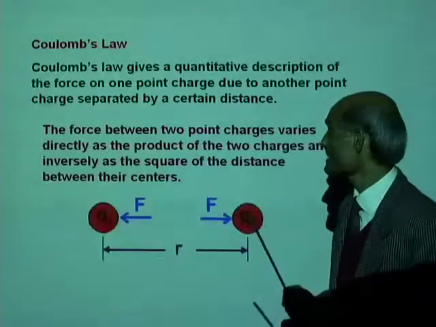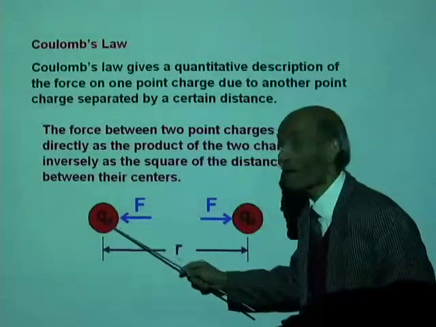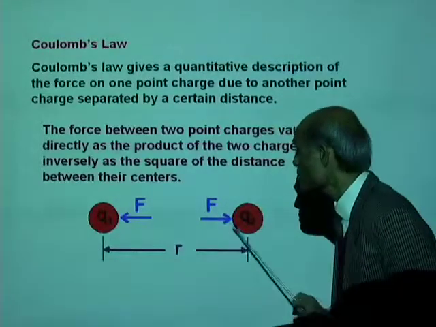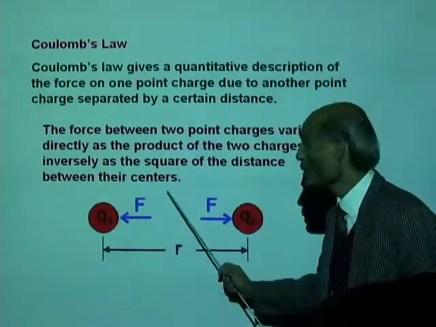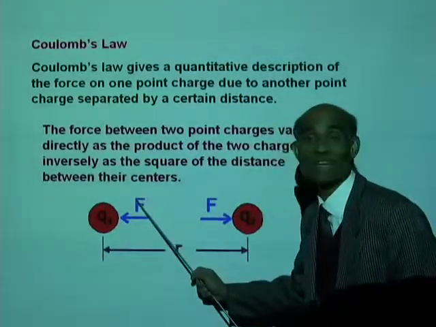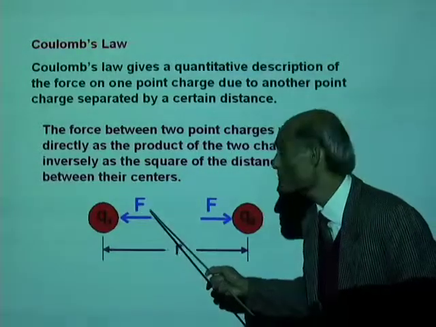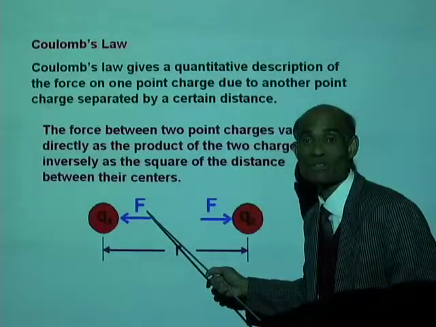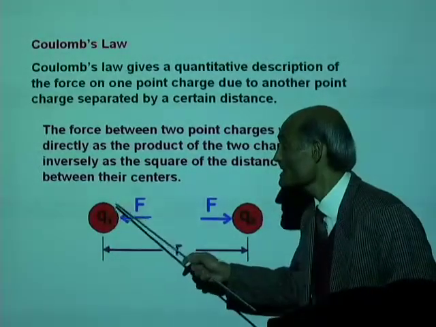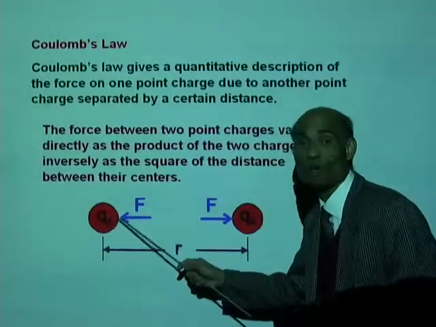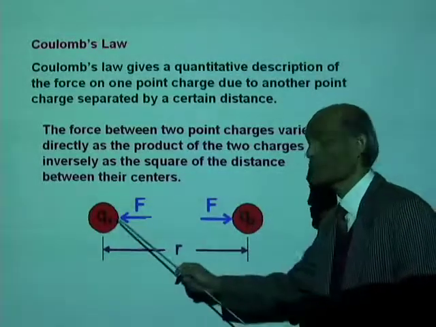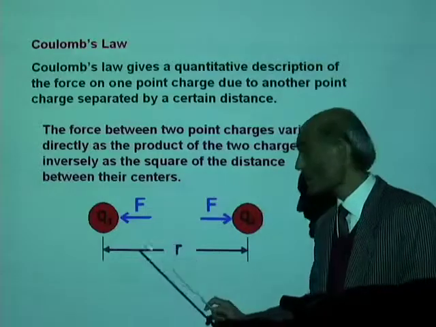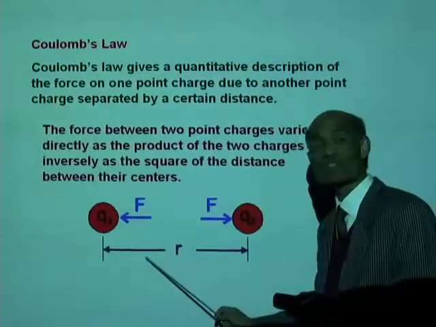How do I represent that? If Q1 and Q2 are the two charges separated by a distance r, Coulomb's law gives us a quantitative measure of this force. Now can you write this as a mathematical equation? This force varies directly as the product of the two charges, Q1 times Q2, and inversely as the square of this distance.